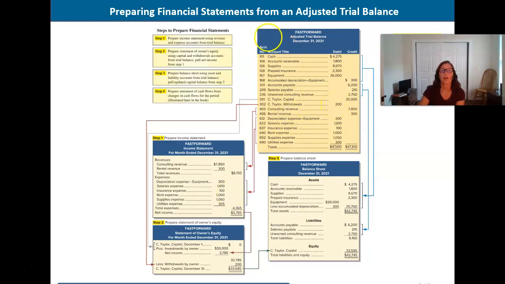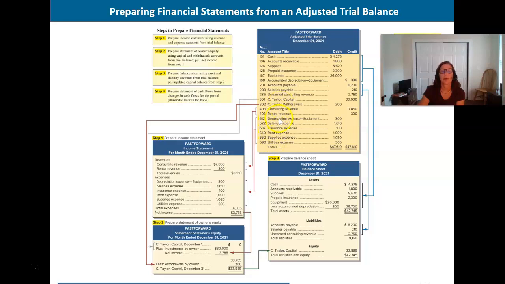So up here on the right is the snapshot of just the adjusted trial balance columns from that worksheet I had just talked about. So we've got all the assets here and the few liabilities. But we're going to start with our income statement, and we're going to look at our revenue and expense accounts.